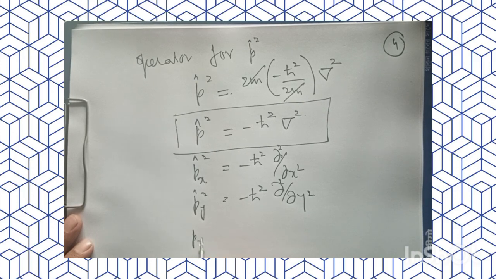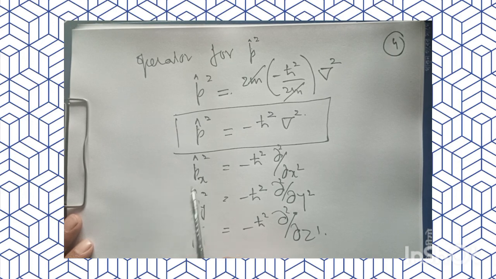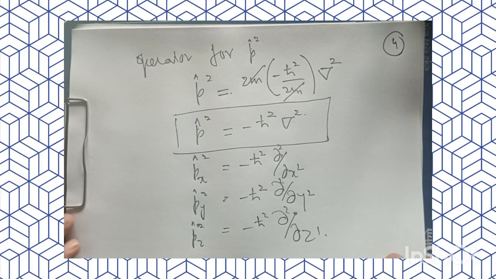And for pz, operator along z will be minus h bar square dou 2 by dou z2. So this is how we can have the square of momentum operator represented in terms of the partial derivatives of the components that we are linking to the particular momentum operator square.